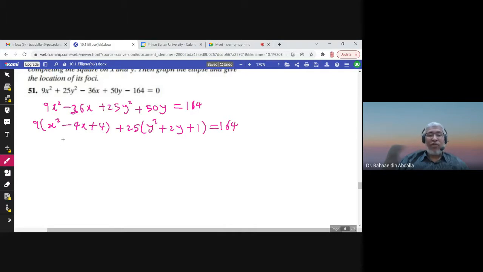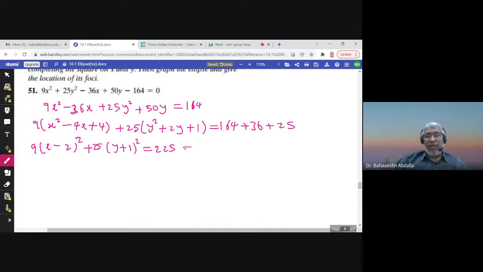I added 4 times 9, that's 36, and I added 1 times 25, that's 25, to the right-hand side. So 9 times (x minus 2) squared plus 25 times (y plus 1) squared equals 225.